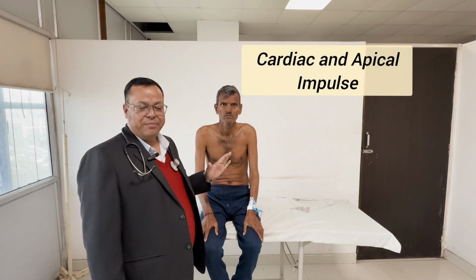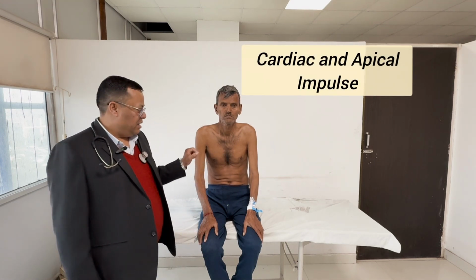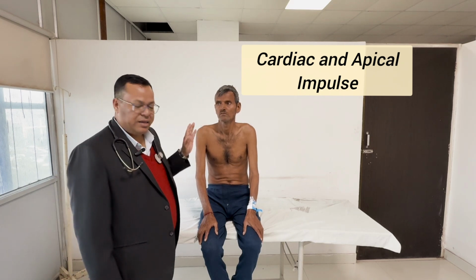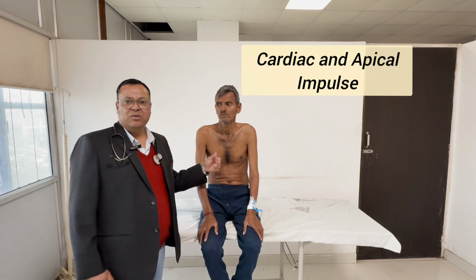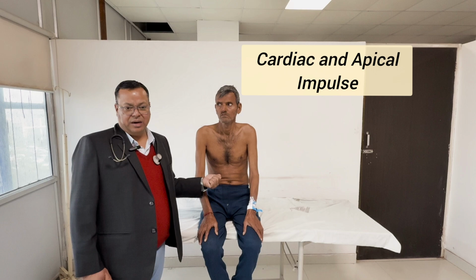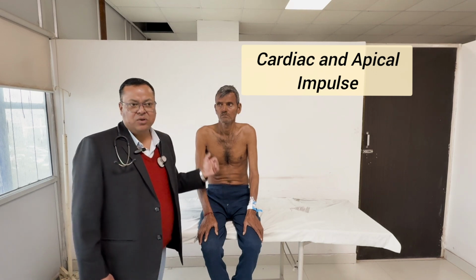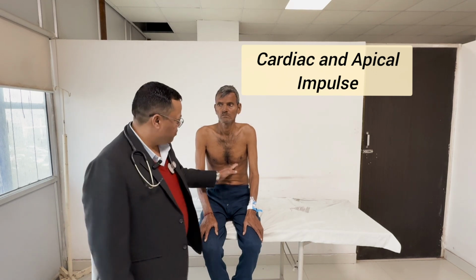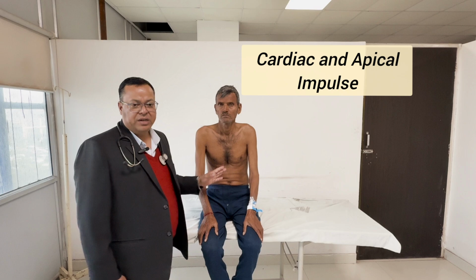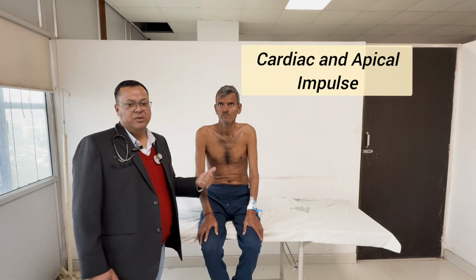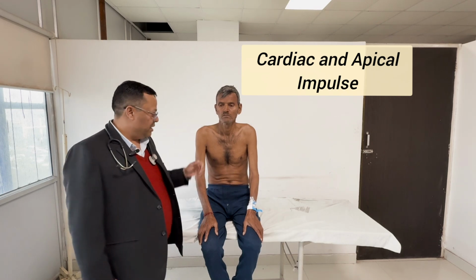Then the next is the cardiac or apical impulse. What is the cardiac impulse? The cardiac impulse is the visible pulsation over the precordial area or at the apex of the heart. Normally the apex impulse is seen in the fifth intercostal space, just medial to the mid-clavicular line.